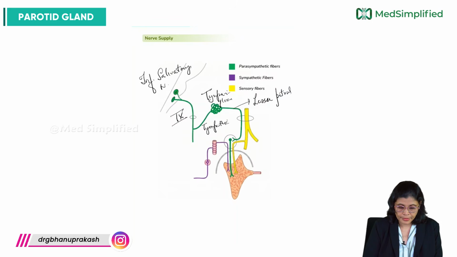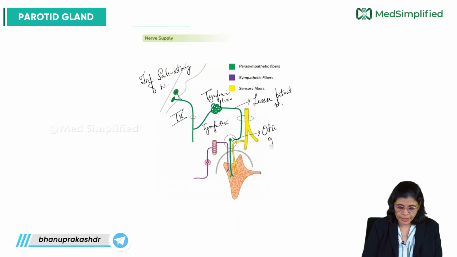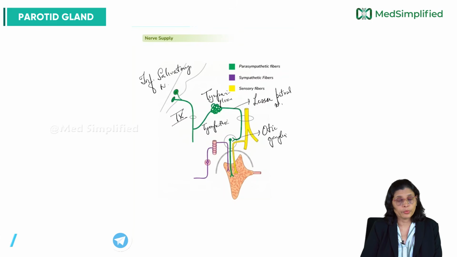This lesser petrosal nerve will relay in the otic ganglion. From the otic ganglion, the postganglionic fibers will begin and through the auriculotemporal nerve will supply the parotid gland.